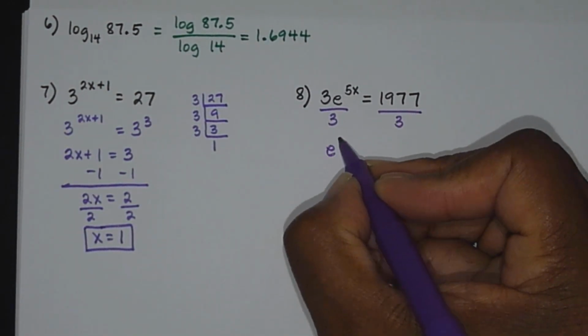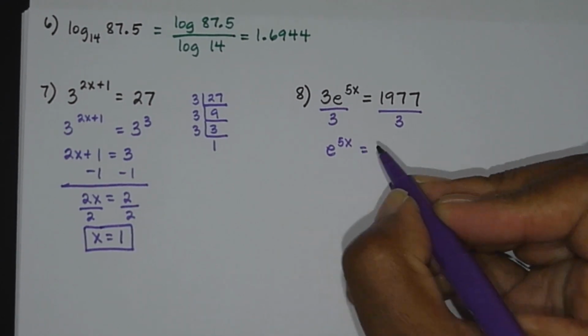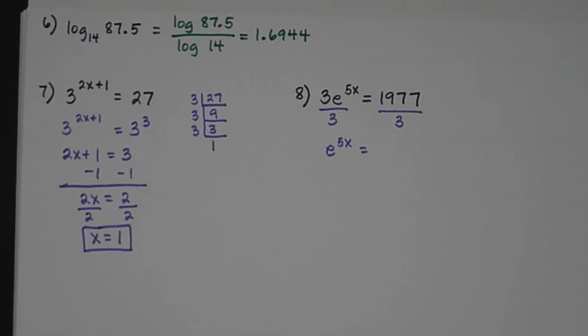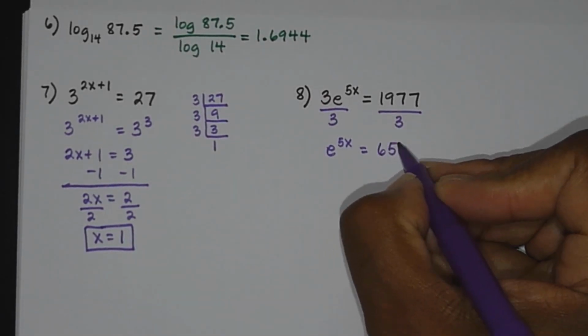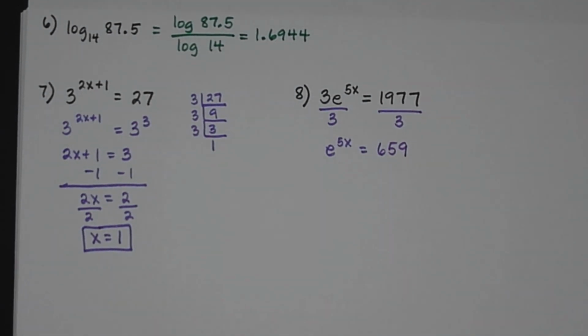So now you've got e^(5x) equals, what's 1977 divided by 3? 659. So e^(5x) is equal to 659. Now, since that exponential expression is by itself, the next step would be to take the natural logarithm on both sides.